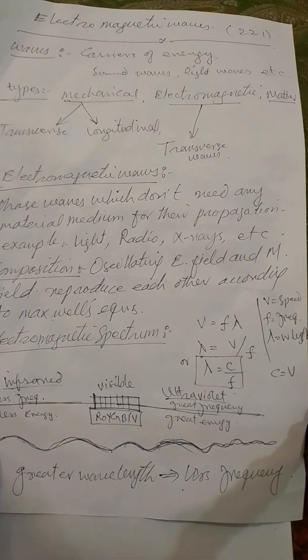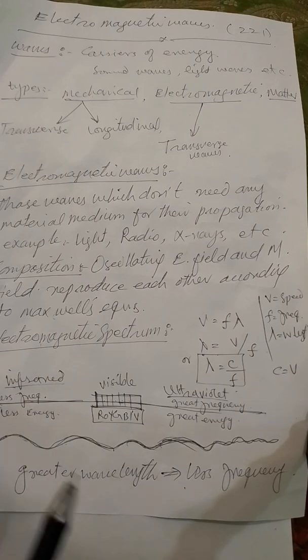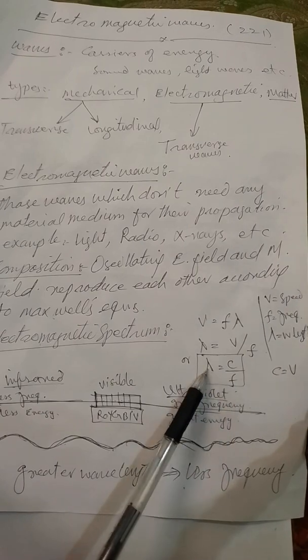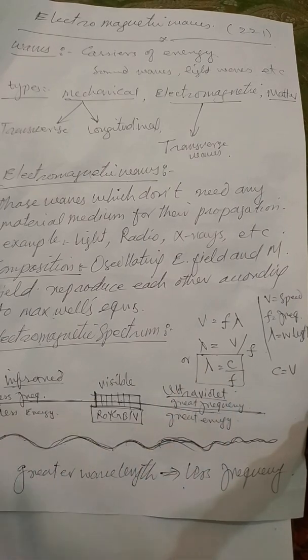If we represent the waves with the help of a sinusoidal waveform, we can see that the wavelength of the wave from here up to here is greater, so that's why it gives us less frequency, because we know that frequency and wavelength are inversely proportional. Greater wavelength gives less frequency. Wavelength is enlarged, frequency is less, and vice versa.